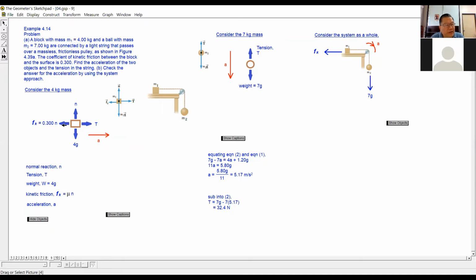The other one is the frictional force, which is mu n, the coefficient of friction multiplied with the normal reaction. In this case, the coefficient of friction is 0.3 and the normal reaction is 4g, which is equal to the weight. So this is the frictional force and this is the tension.